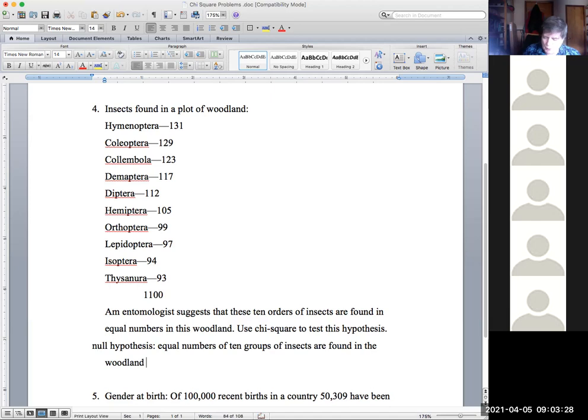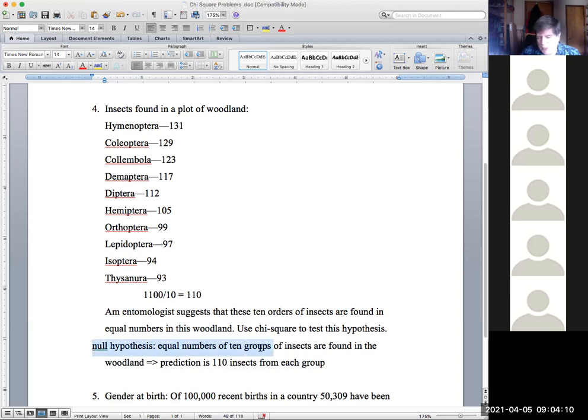So another way we could look at this is, what sort of prediction would we make from this? And our prediction would be that there are 110 insects from each group. Since we have 10 groups and we have a total of 1,100, when we divide that by 10, we would get 110.